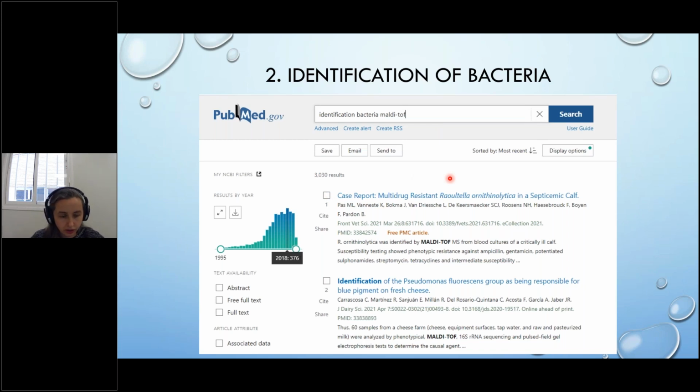As I said, there are more than 3,000 articles about how MALDI-TOF identified them, and so there was a huge change from the conventional biochemical techniques that were applied before to mass spectrometry.